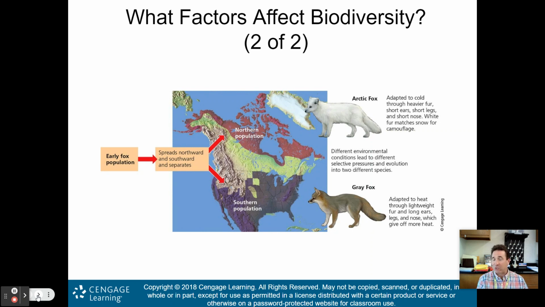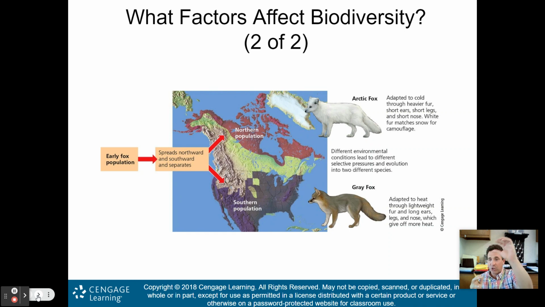The gray fox, the other group that migrated south, doesn't want to be white because that would make it stand out. So through natural selection and random mutations in the DNA and the genes, the gray fox adapted to heat through lightweight fur and long ears, legs, and nose, which give off more heat. So now you have two. They were the same species. They were geographically isolated.